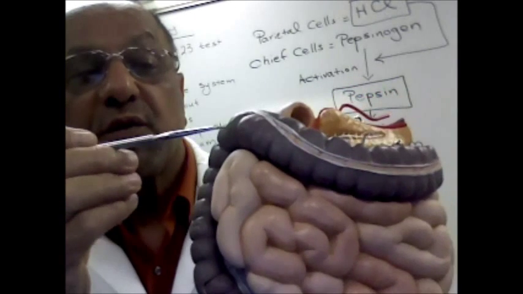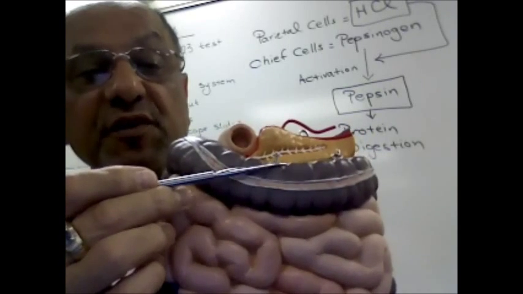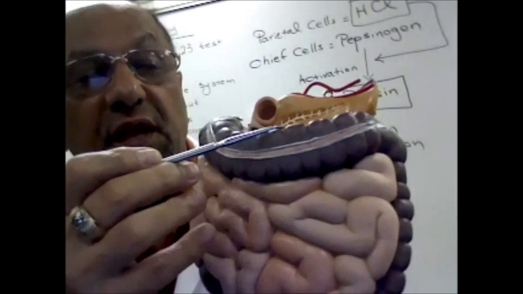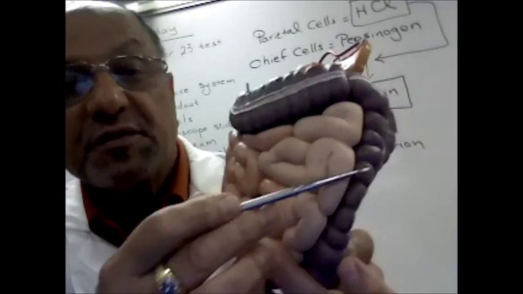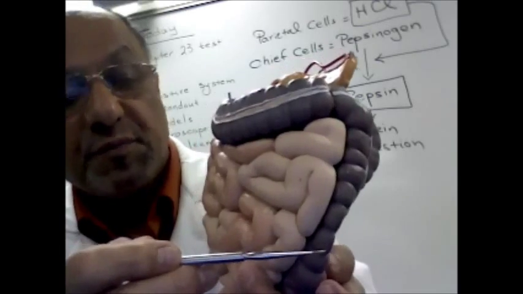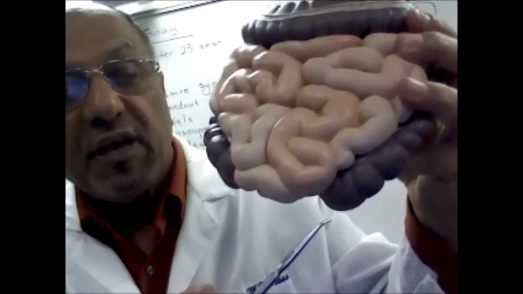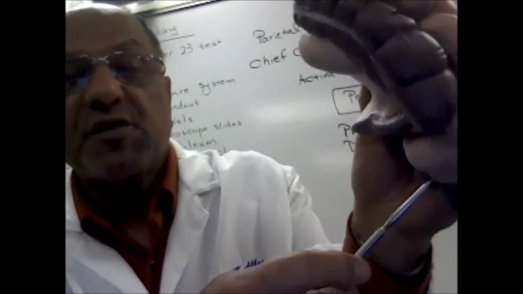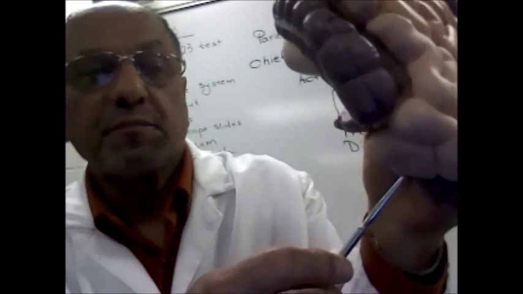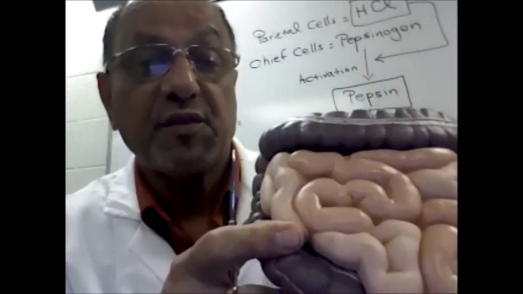The ascending colon is connected to the transverse colon, and the transverse colon will lead to the descending colon. And if we follow the descending colon, it will curve at the lower part and form the sigmoid colon. The rectum is not shown on this model.